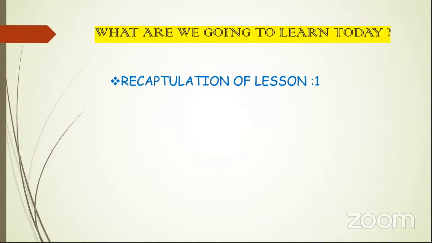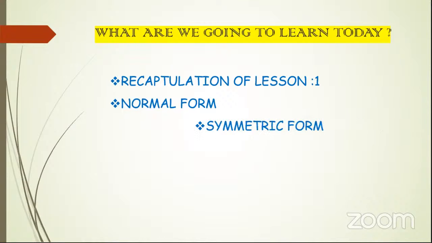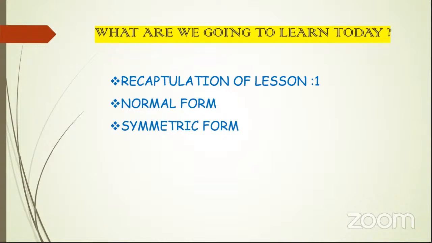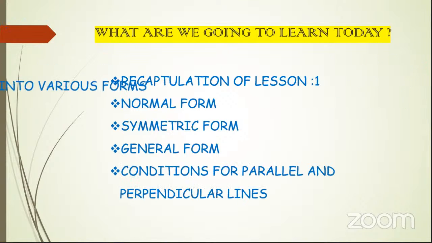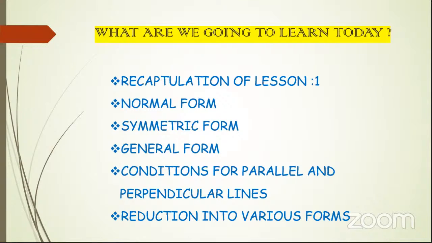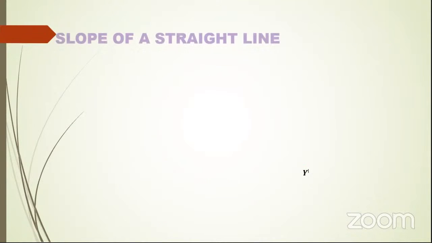Let us recapitulate lesson 1, what we have learned previously. Along with that, today we are going to learn about normal form, symmetric form, general form, conditions for parallel and perpendicular lines, and reduction of the general form into the different forms. So let us recapitulate what we have learned previously.